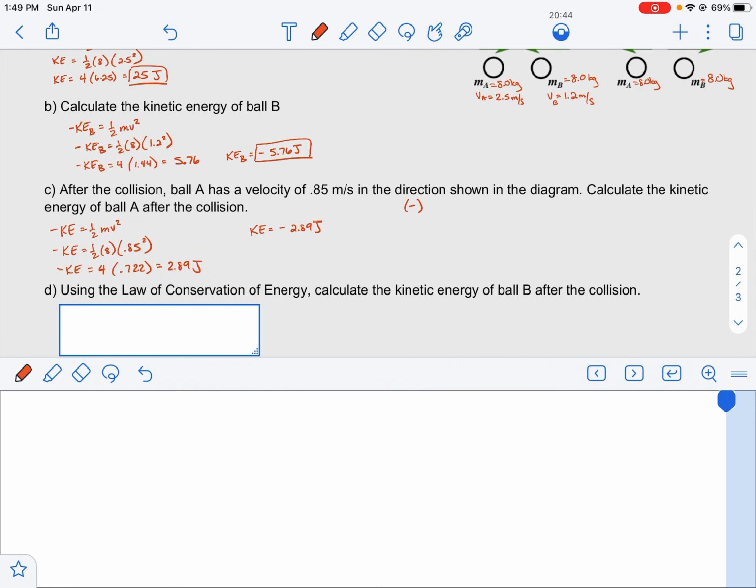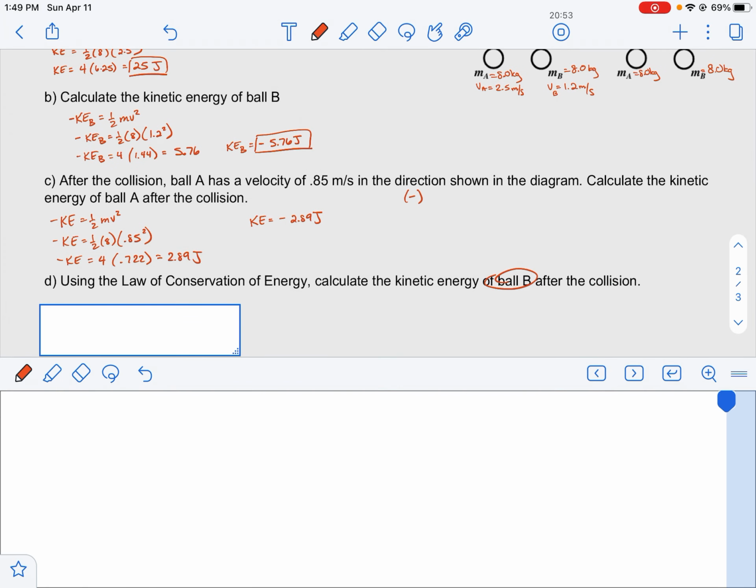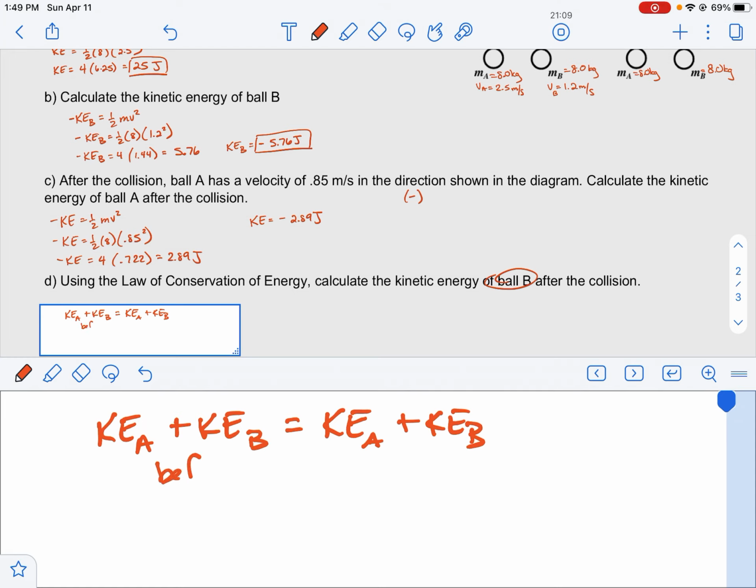Okay. Using the law of conservation of energy, calculate the kinetic energy of ball B after the collision. Okay, so now this is where we have to think. Law of conservation of energy. Kinetic energy of A plus the kinetic energy of B is equal to the kinetic energy of A plus the kinetic energy of B. And this side is before the collision, and this side is after the collision, right?